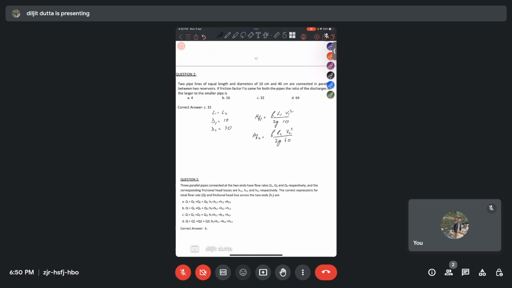HF1 equal to, in terms of the discharges, Q1 square by 10 to the power 5 equals.